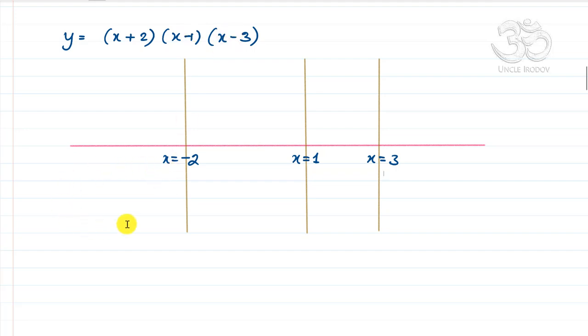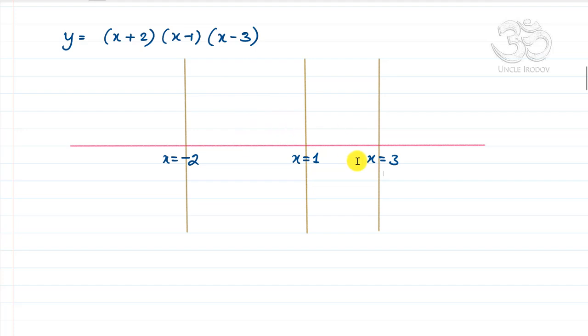Yes, so the curve will be negative here. And then when I move into the second zone here somewhere, you will see that only this term will change sign, x plus 2 term. So now that term will become positive. So the curve sign here in this region will be plus.